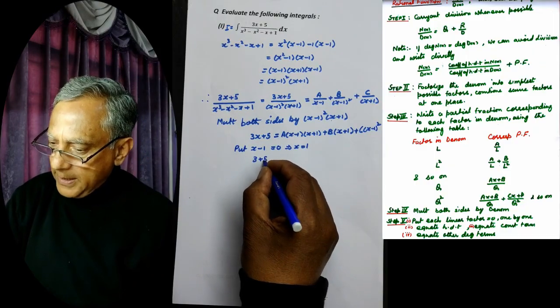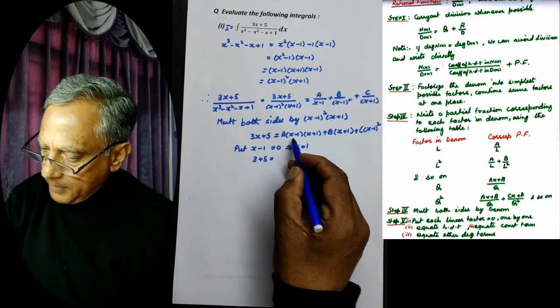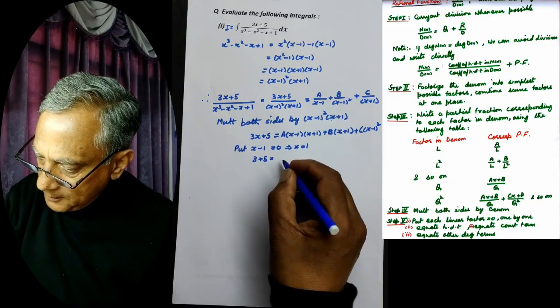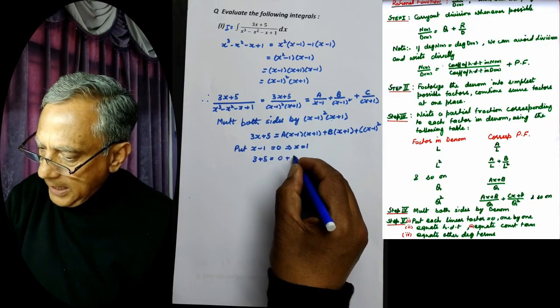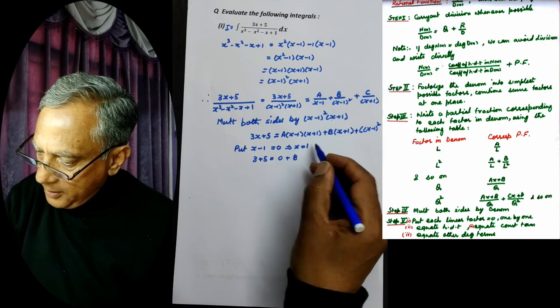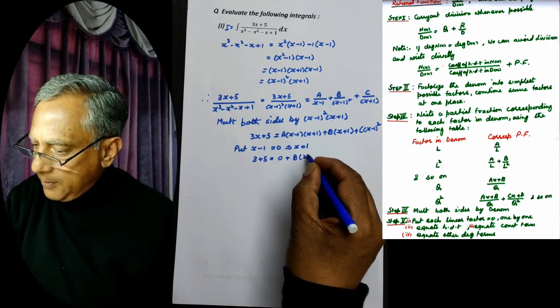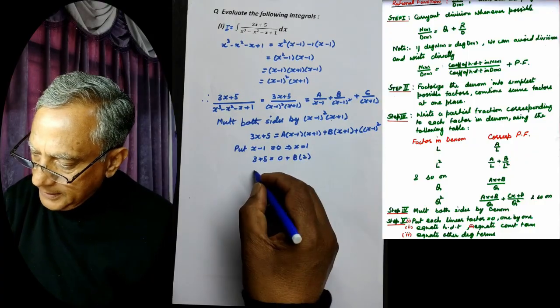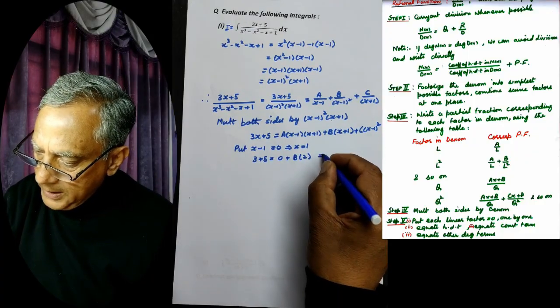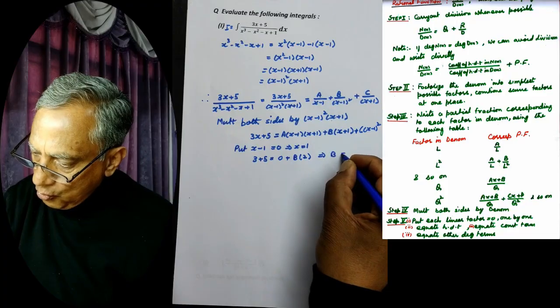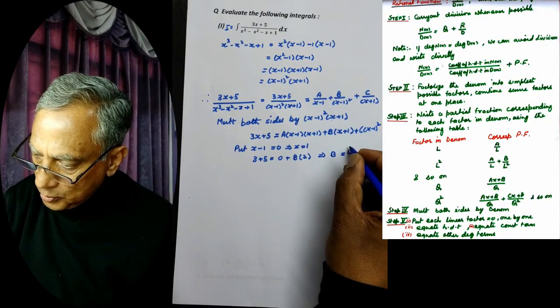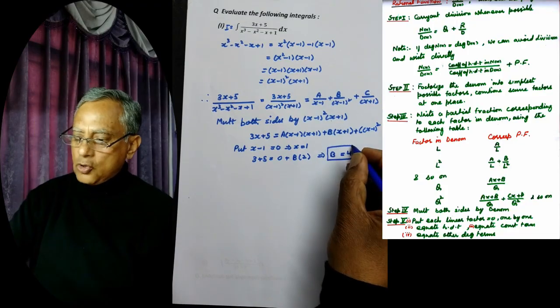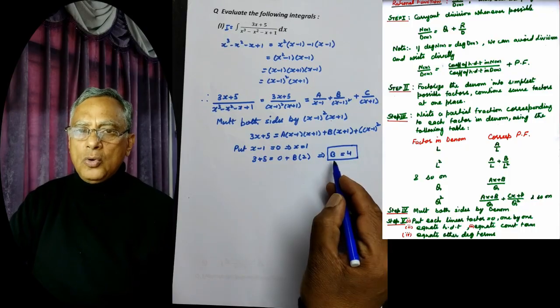This is equal to x minus 1 is 0, this will be 0, plus b into x equal to 1, so this will be b into 2. And this will be 0. So we get the value of b. This implies b is equal to 4. So first constant is b equal to 4.